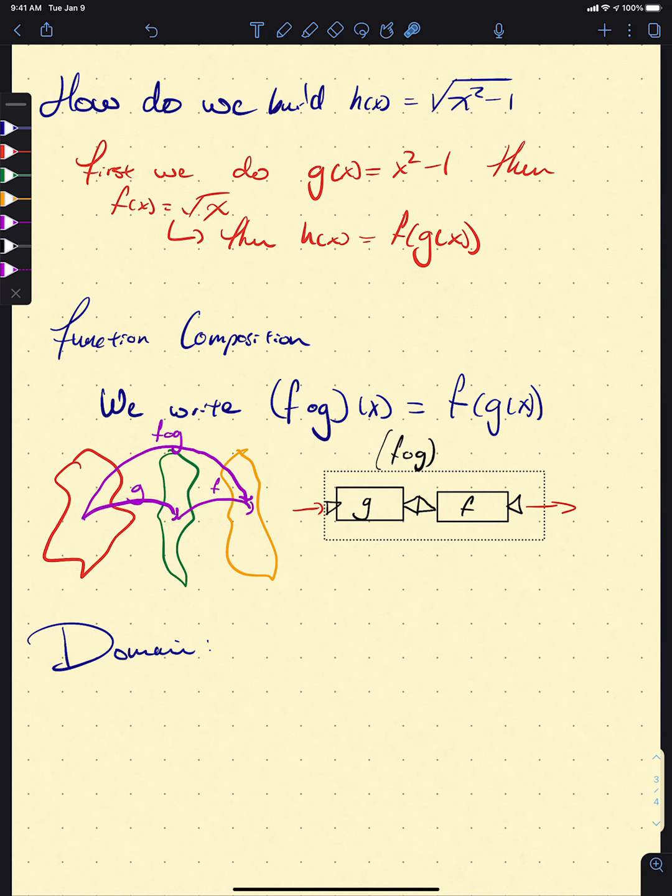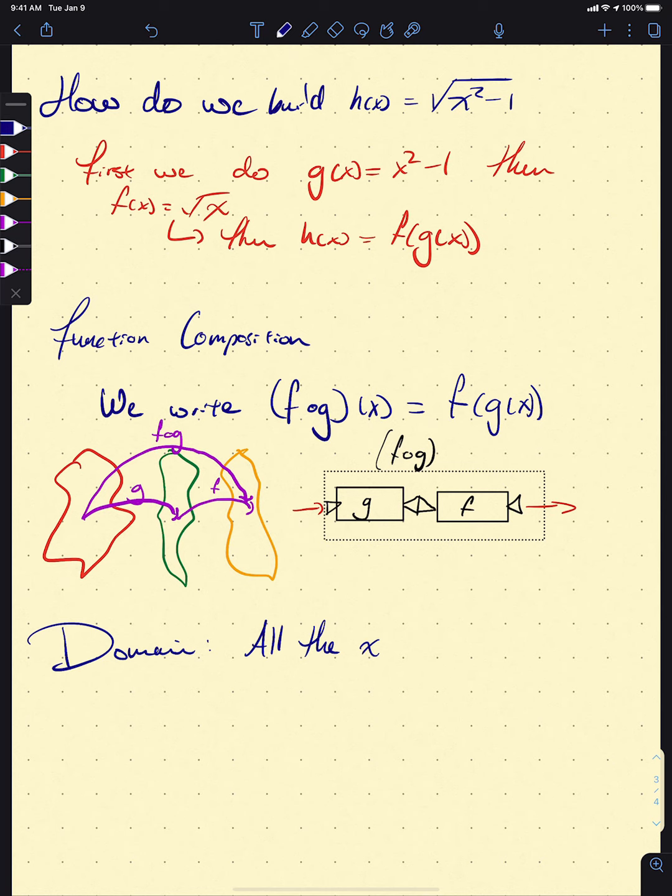Like in this situation, G of x can return a negative output. Take x equals 0. It's going to give you negative 1. F can't accept that. F does not talk well or talk at all with negative inputs. Okay, so our domain, it's this.